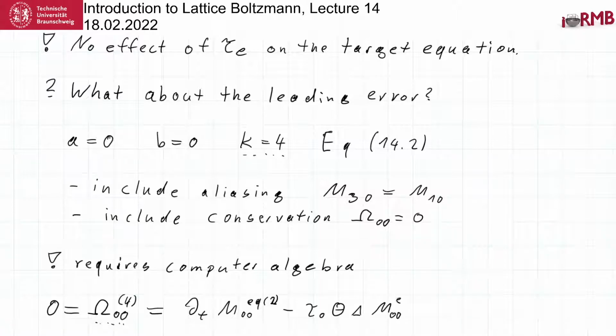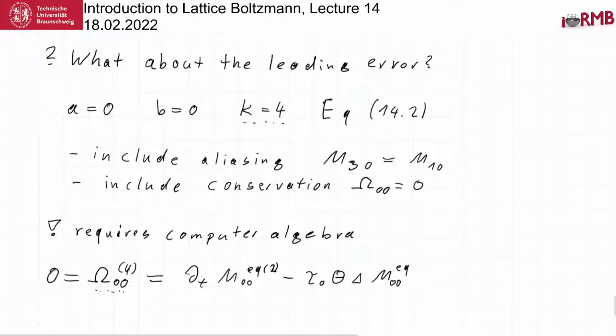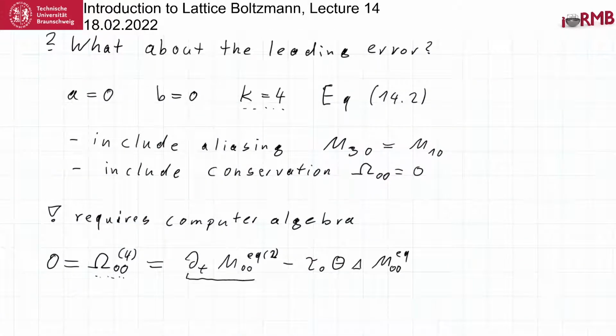So I'm simplifying here, I'm already assuming that tau odd and theta both are not dependent on space. Yeah, so this is my assumption. So this looks familiar because this is a diffusion equation. I've got in here the term to order 2. So I'll give this term a name, namely 1.